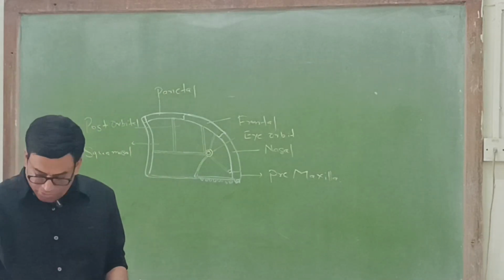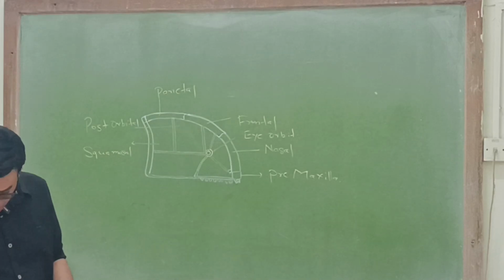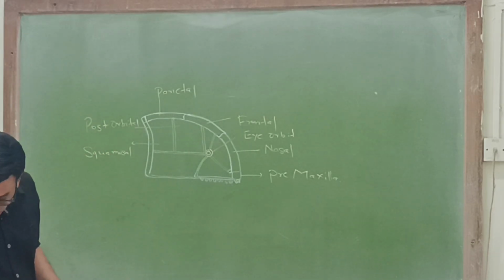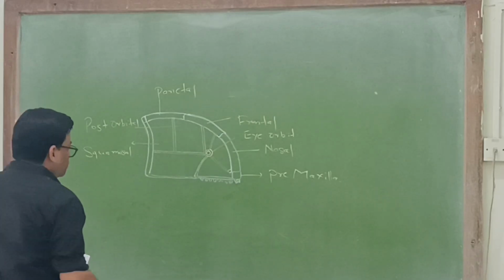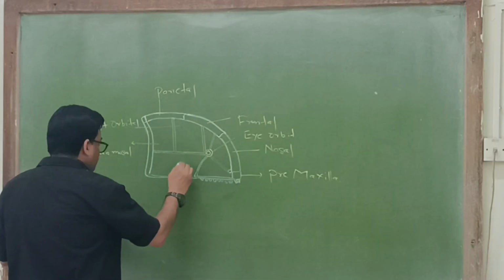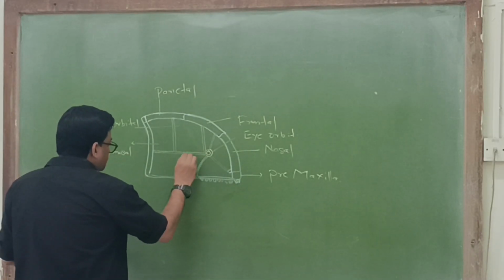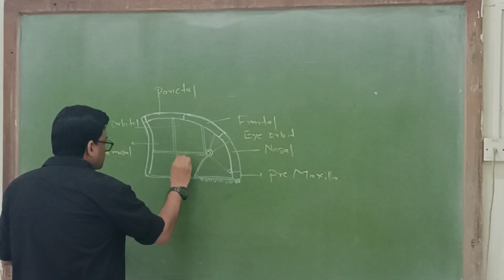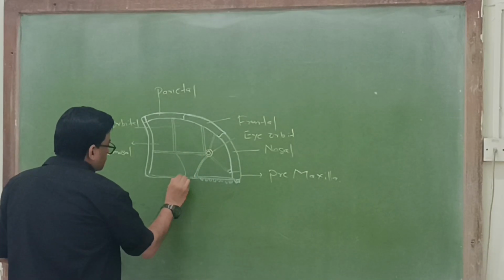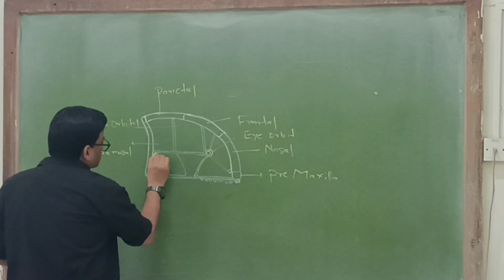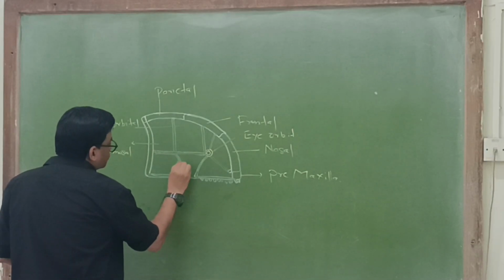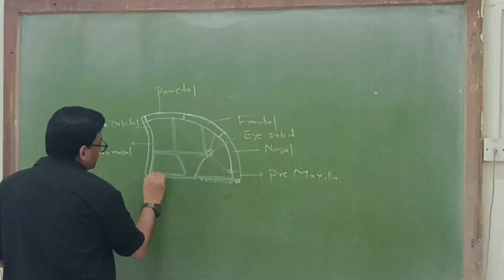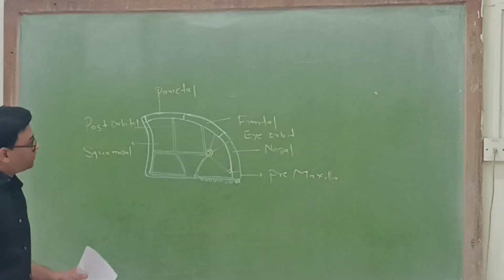And these bones are called jugal and quadratojugal. So you can write here that on the lower side there are two other bones, and the names of the bones are jugal and quadratojugal.